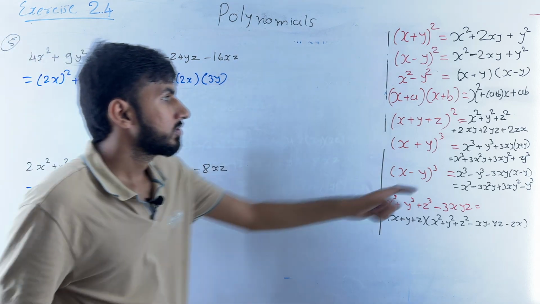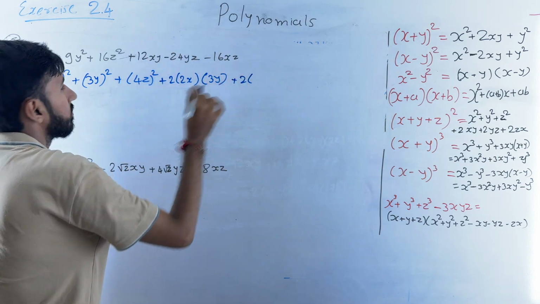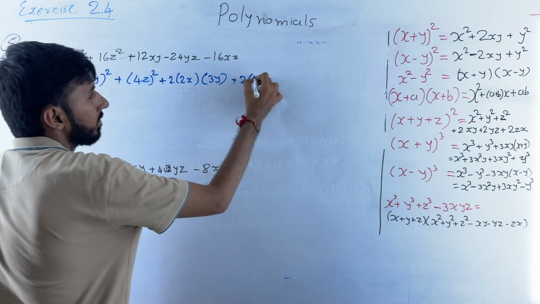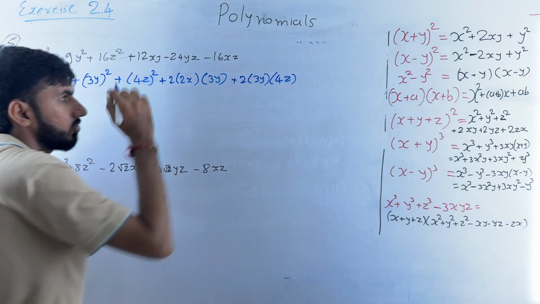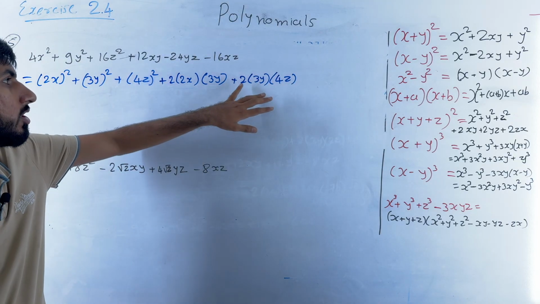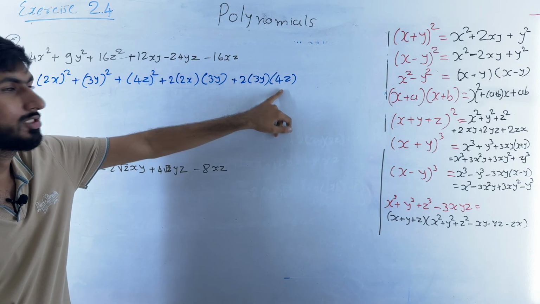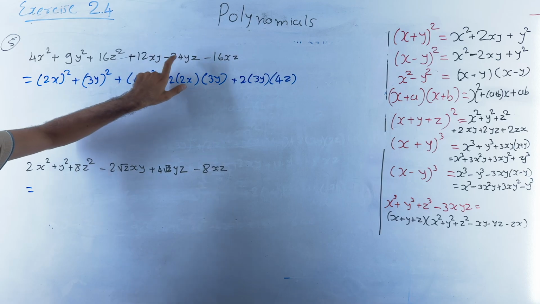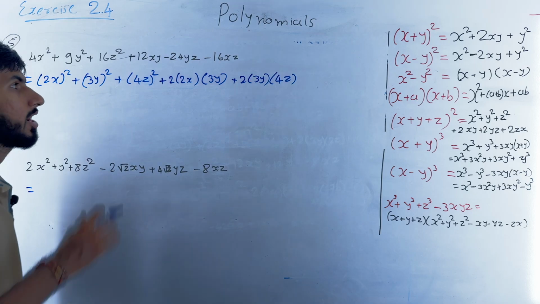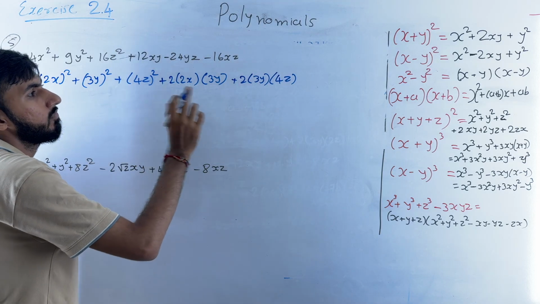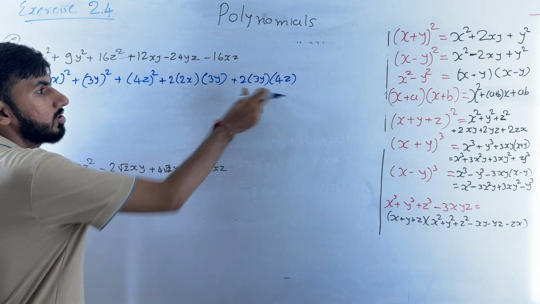Now my fifth term is 2yz. So I have to write plus 2 as it is. My y is the second term, that is 3y. z is the third term, that is 4z. Now compare it with the similar term in your question. 2 times 3 times 4, that is 6 times 4, which is 24yz. But in my question I have minus 24yz. So I have to change the sign of any one variable in this term.